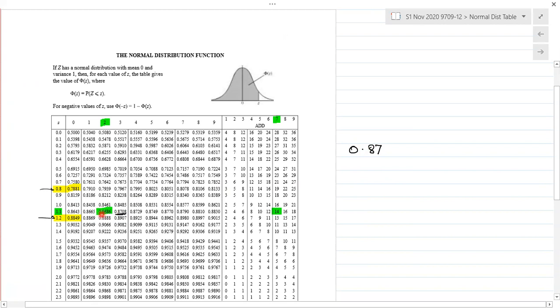So what can we add to 0.8686? We can add 14 to this and we'll get exactly 0.87. So if we read this from the table, this is 1.1 row, 2 column, and then 7 from this. So that's 1.127.